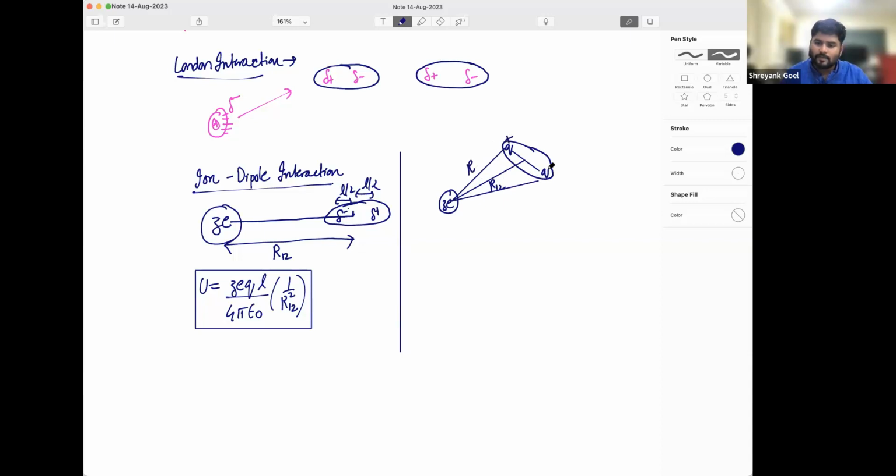Let's say this is plus, this is minus, and this is some angle theta at which the dipole is aligned.